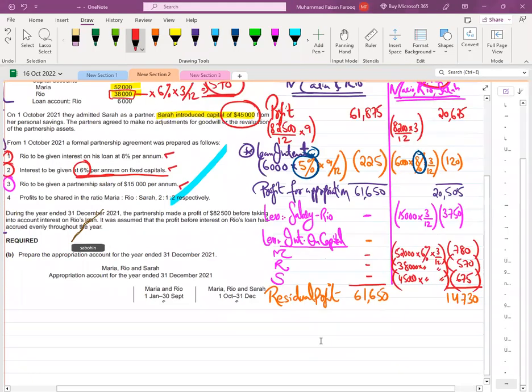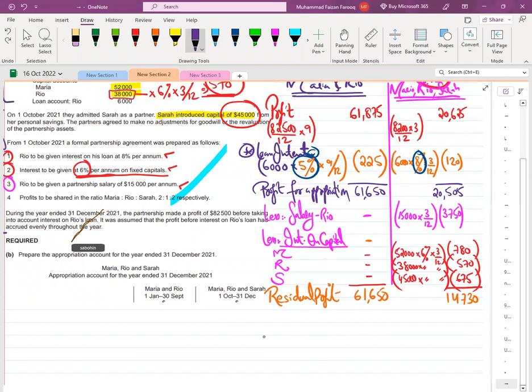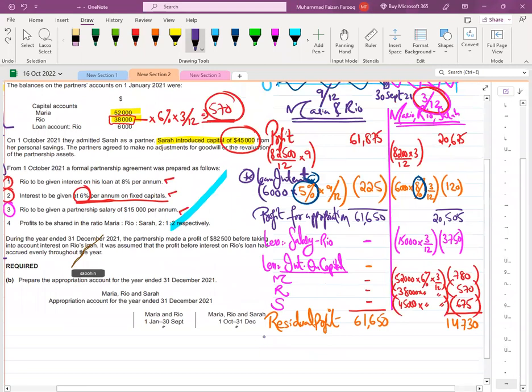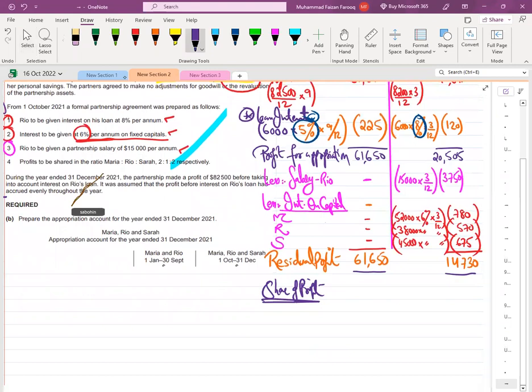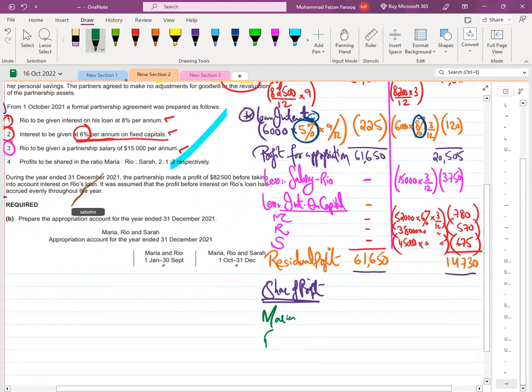After we got residual profit or divisible profit, what we used to do, we used to share. After that we close it with one small closing line, and we write share of profit. The first 9 months period, we had only two partners, Maria and Rio.